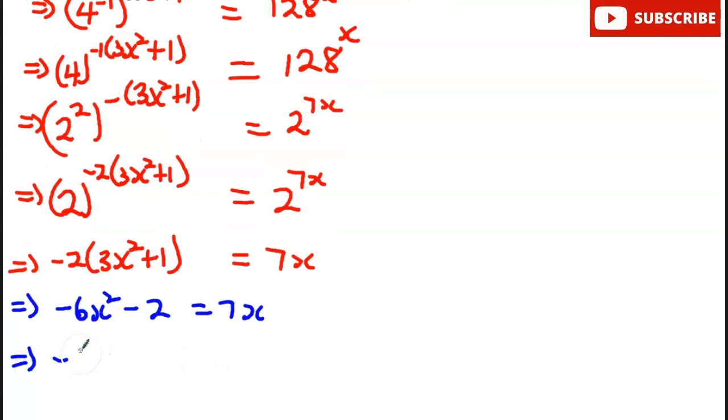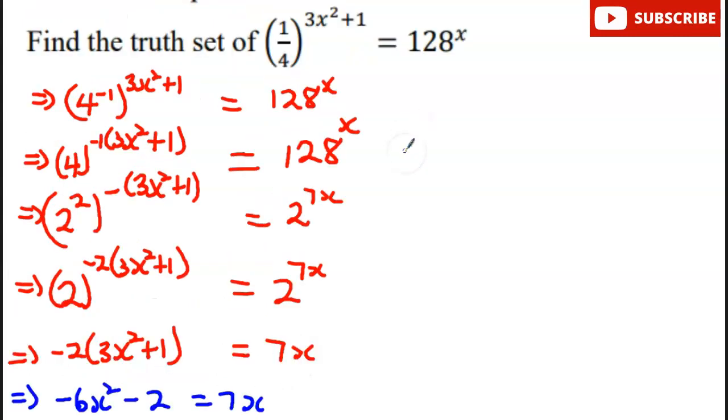So we have minus 6x squared minus 7x minus 2 is equal to 0. Okay. So being quadratic, let's multiply through by negative. So we are going to have 6x squared plus 7x plus 2 is equal to 0.